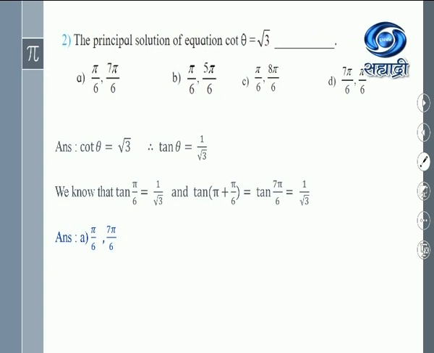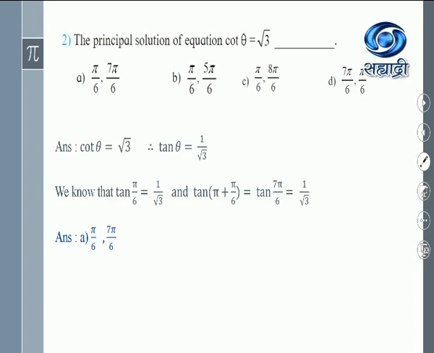So by the all STC rule, T means tangent and cotangent ratios are positive in the third quadrant, and because of pi, tan remains tan. So this is actually tan of pi by 6 by the rule of allied angle, and the actual addition is 7 pi by 6. So tan 7 pi by 6 gives you the same value, that is 1 upon root 3.